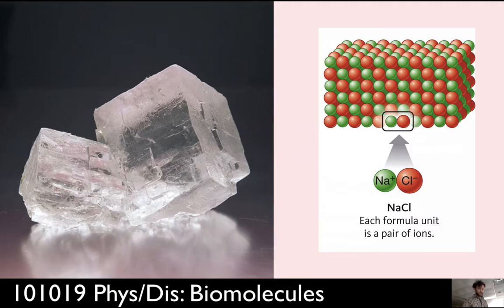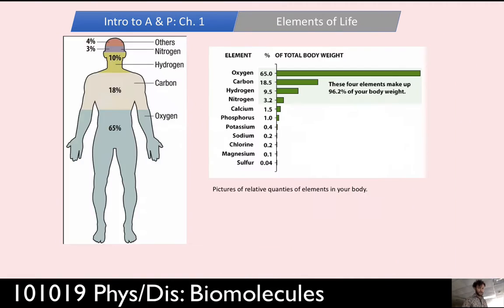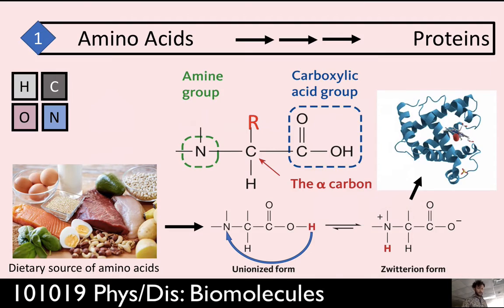Let's get back to some proteins. Look at all this stuff we went through so fast. Amino acids have three things in their backbone. There's the amine group, the carboxylic acid group, and this alpha carbon.